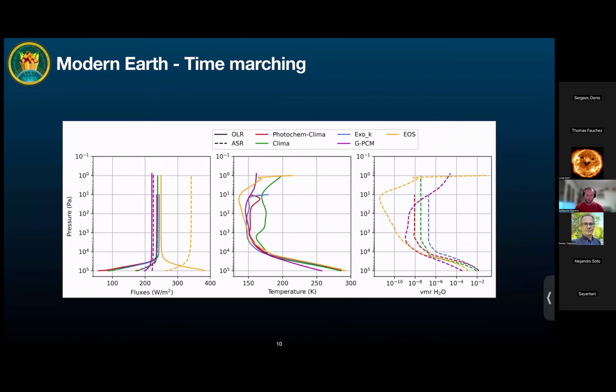This is the last panel on the right: the mixing ratio of the water over the total pressure. It's pretty similar in the troposphere, close to the surface. And as you can see, there are large differences in the stratosphere. From my point of view, this is quite interesting because there were comparisons of GCMs in the past, a paper from Jeremy Young, 2016, if I remember correctly.